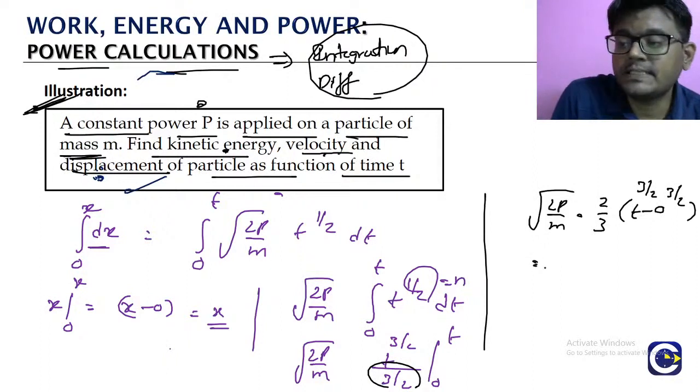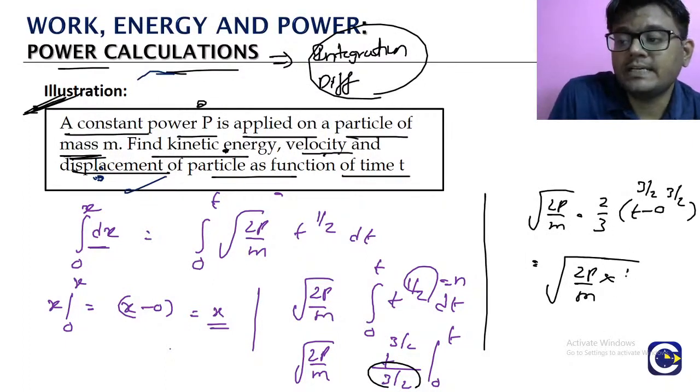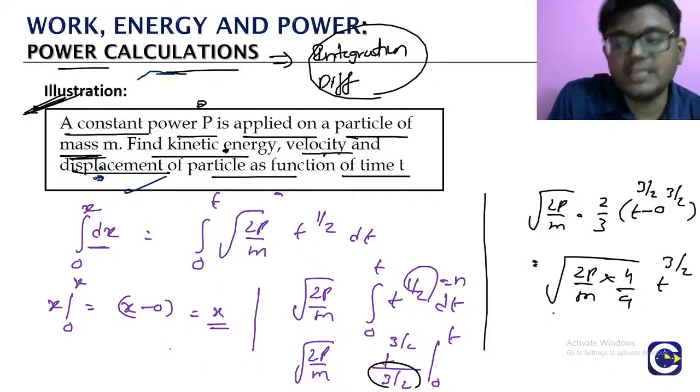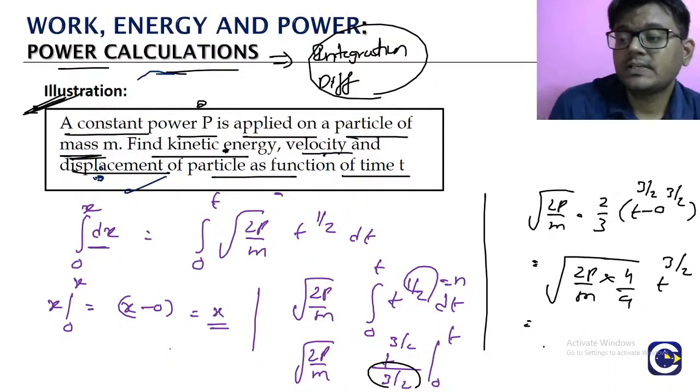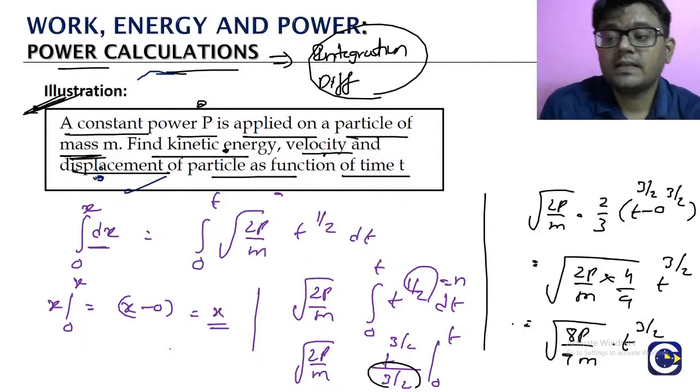So that is root 2p by m times 2 by 3. We can take the 2 by 3 inside, and that becomes 4 by 9. So this is root 8p by 9m into t power 3 by 2. This is the right hand side.